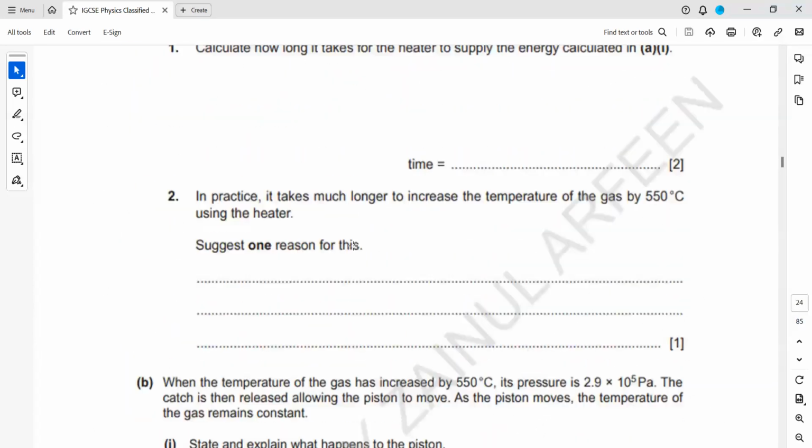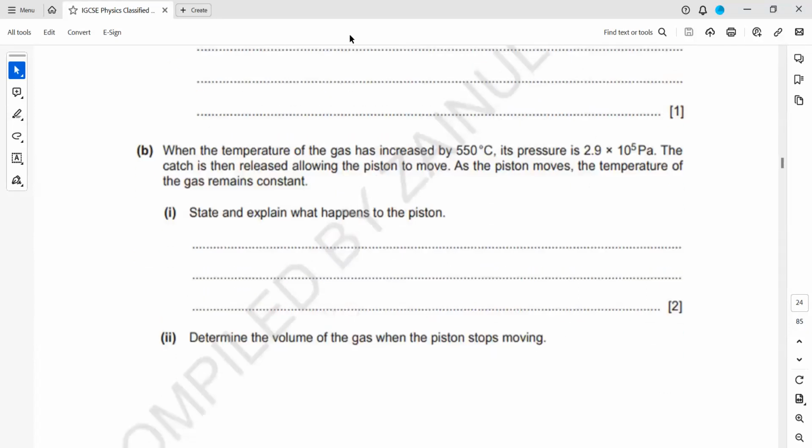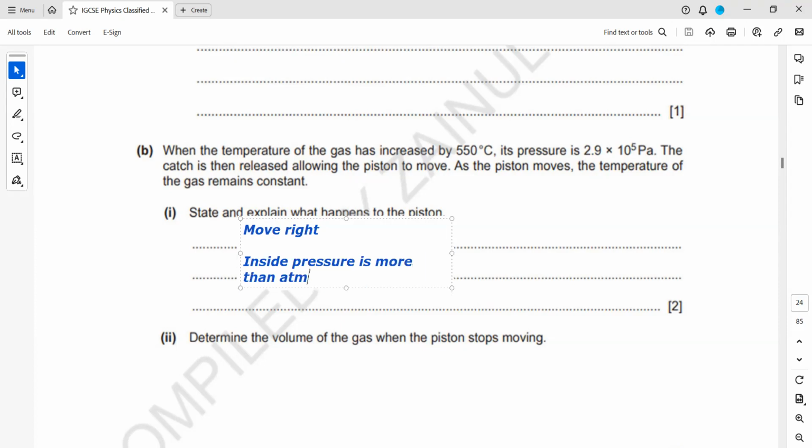So the points you will mention here, state and explain what happened to the piston. It will move outward, or move towards the right, because the inside pressure, or gas pressure, is more than atmospheric pressure.